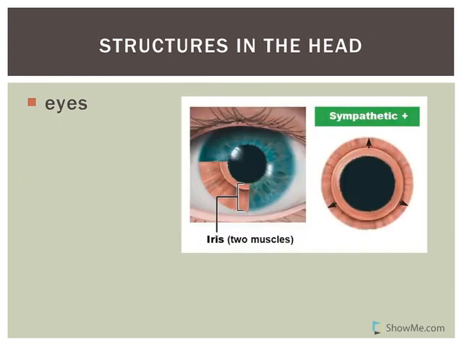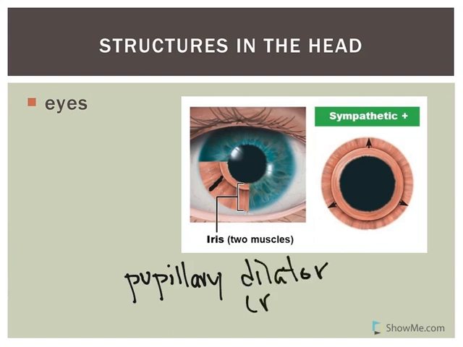Now what about structures in the head, like the eyes? The iris of the eye has two muscles associated with it. The muscle that will be active when you're in sympathetic mode is this outward muscle right here. This is your pupillary dilator muscle, otherwise known as the pupillary radial muscle.